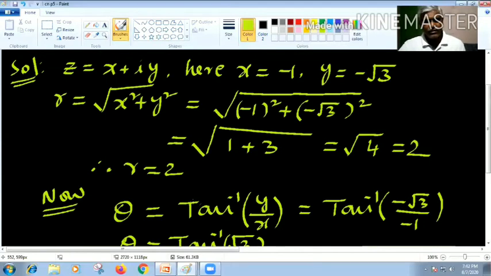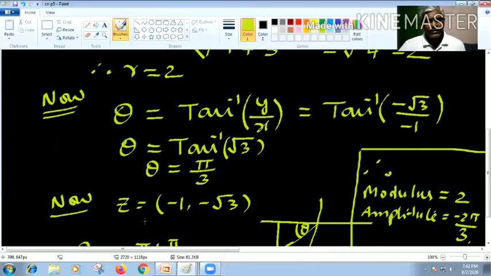So that will give us r is equal to 2. Next, coming to the amplitude, as explained just now, the angle theta is equal to tan inverse y by x. So here it becomes theta is equal to tan inverse root 3. So tan 60 will be root 3. So therefore the angle is pi by 3.